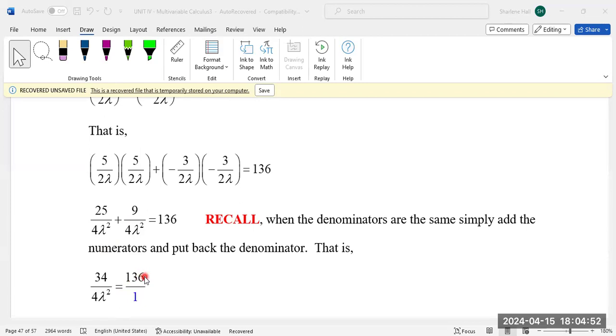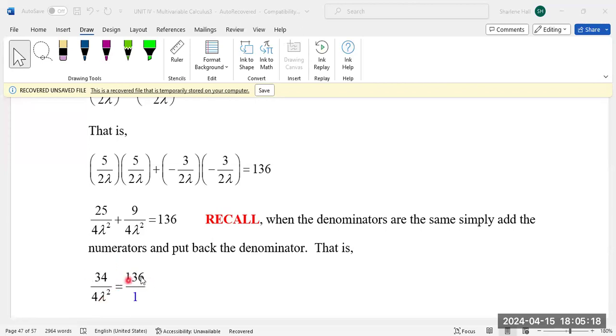Work with me now. We have two fractions separated by an equal sign with one variable inside it. Cross multiply. Repeat that, sir. Two fractions separated by an equal sign. What do I do? Cross multiply. Yeah. Cross multiply.